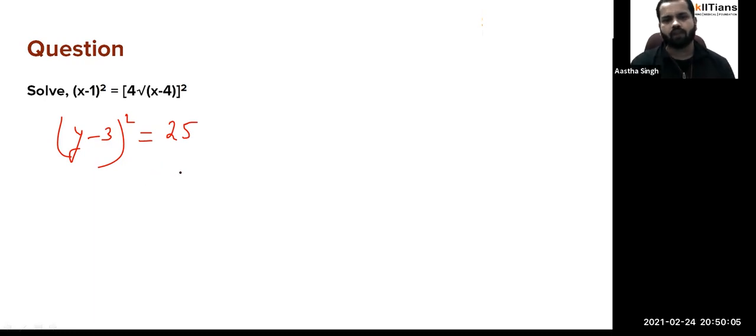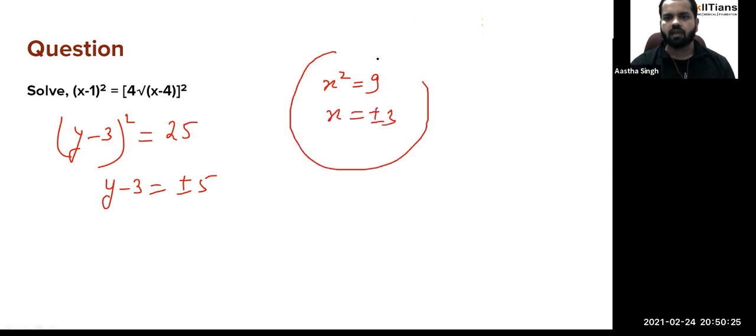What will be the value of y? The question is, what will be the value of y? Just your y minus 3 will be equal to under root of 25, which is equal to plus minus 5, right? Because if x square is equal to 9, then x will be equal to plus minus 3. I think you all have got the point there, right?